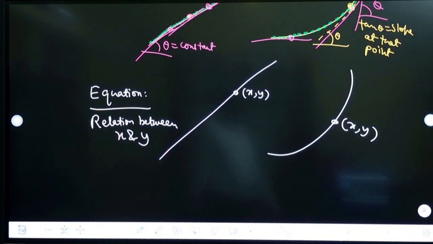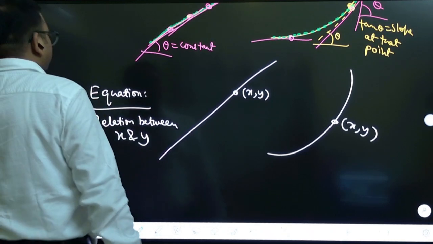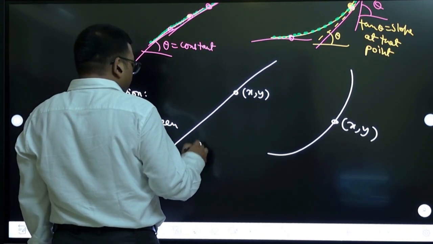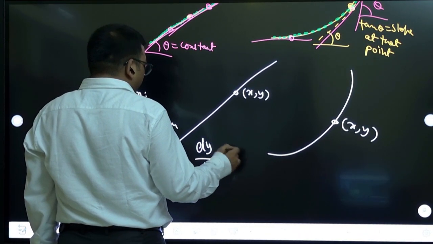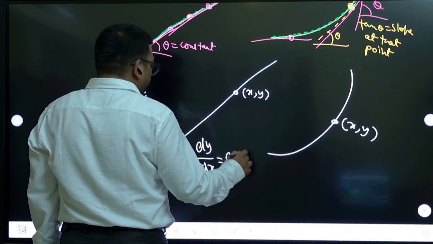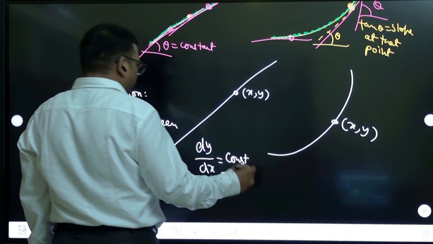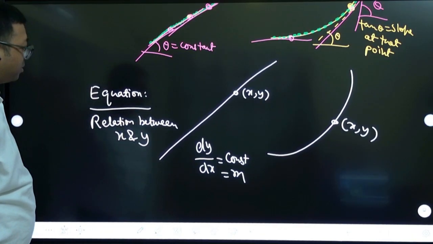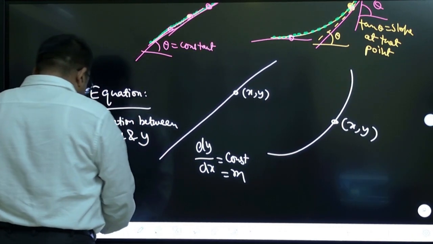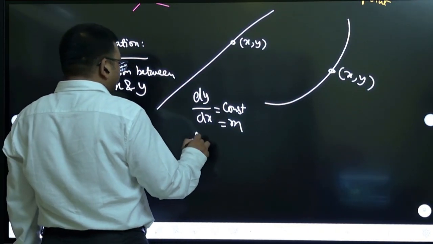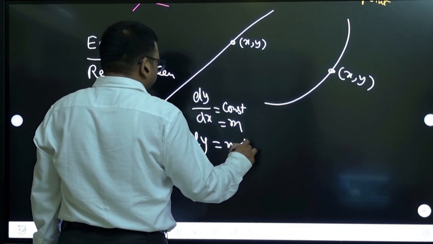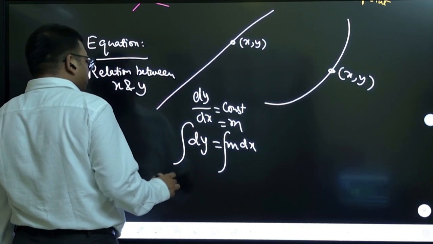Now coming to the straight line equation, because its slope is constant, dy by dx is constant. Let us call this dy by dx as m. Now we write dy equals m times dx, and integrate both sides.